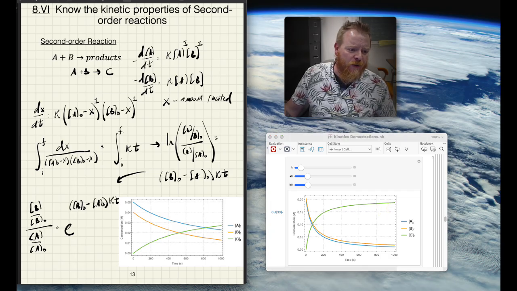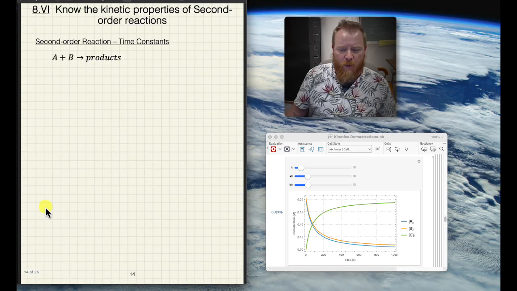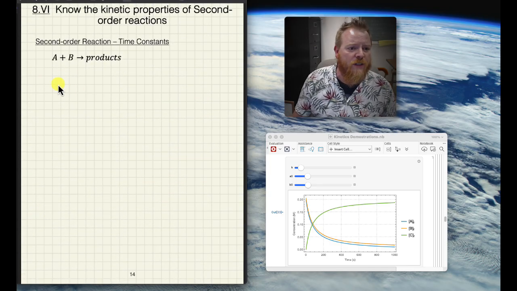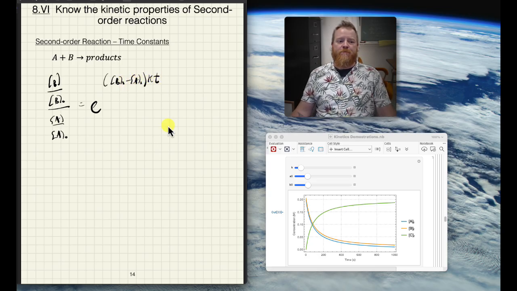So I'm going to go down to the next slide here, and I want to rewrite that expression one more time. So that was B over B naught divided by A over A naught, and that all equals E to the B minus A all times KT.